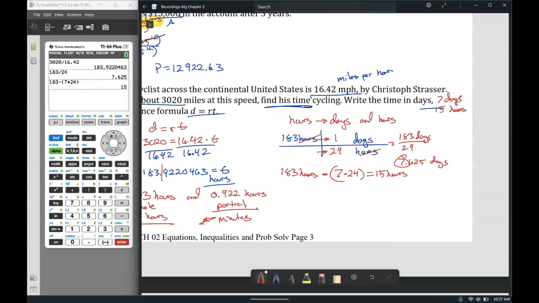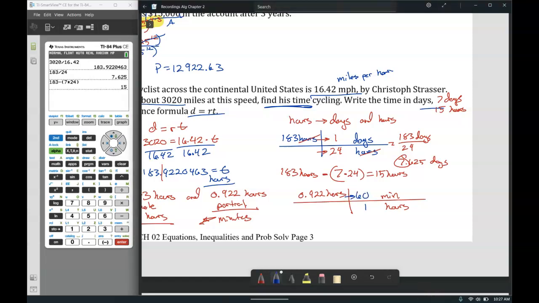Now we just need to figure out the minutes. So now we have the partial hours, 0.922 hours, and I want to convert that into minutes. I need my hours to cancel out, so we have to think about the unit conversion. Within 1 hour, we have 60 minutes.